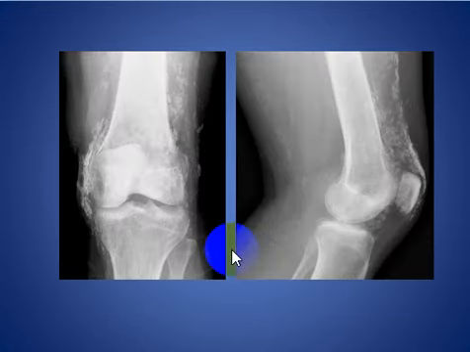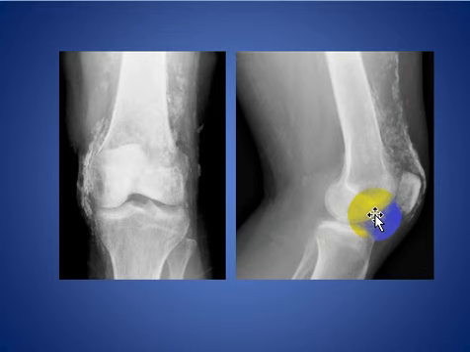Here we see knee joint AP and lateral view in a female patient with dermatomyositis, as we see extensive soft tissue calcification around the knee.